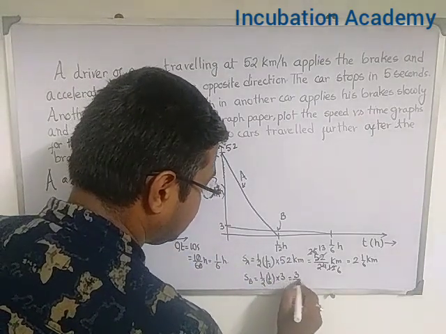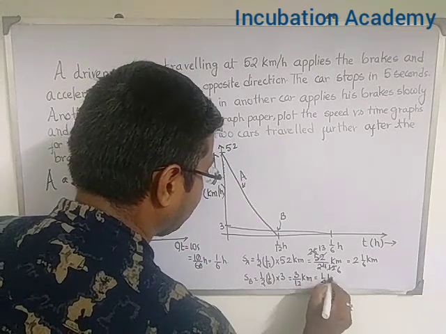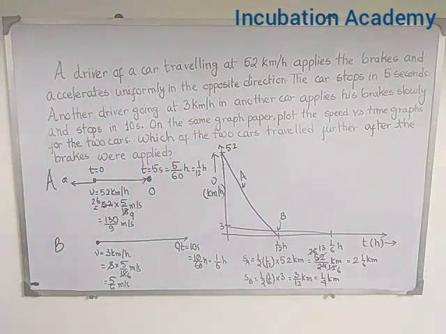So this becomes 3 divided by 12 kilometer, which is 1 by 4 kilometer. So these are the distances traveled by the cars after applying the brake. We can calculate this from our graphs: the area of the speed versus time graph gives you the distance. Thank you all.